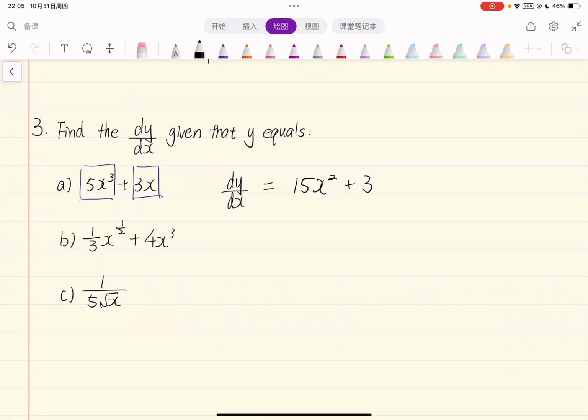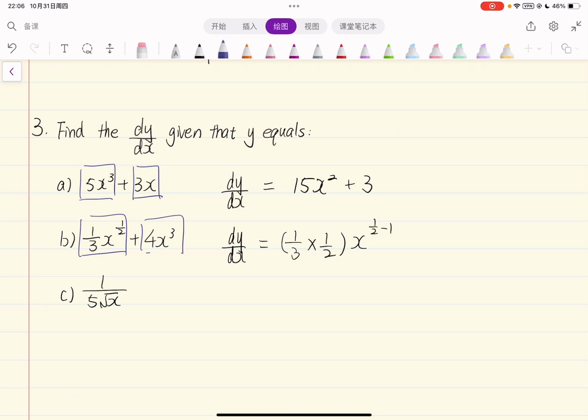For part B, similarly we need to differentiate term by term. For the first term, we differentiate: we have a third times a half times x to the power of half minus 1.